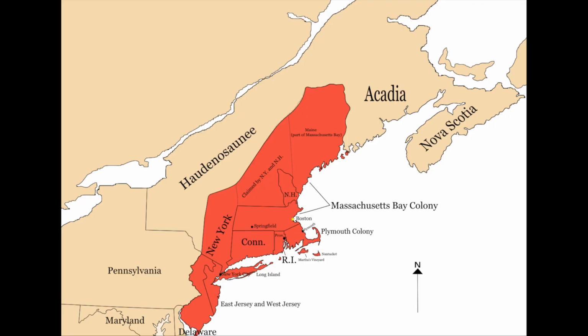James II moves to raise more revenue once he takes over as king by consolidating the New England colonies. That is, at this point, New Hampshire, Rhode Island, New Haven, Connecticut, Massachusetts Bay, Plymouth, and he's going to add into that East and West Jersey and New York into one unit.